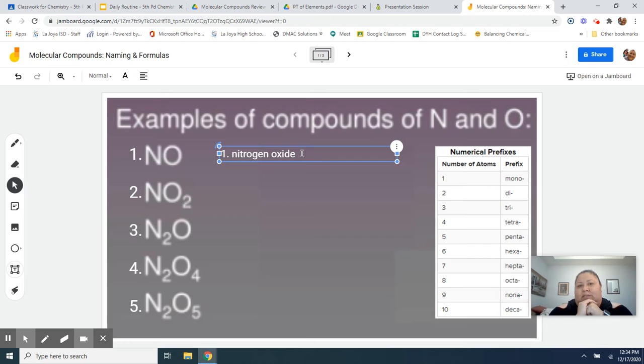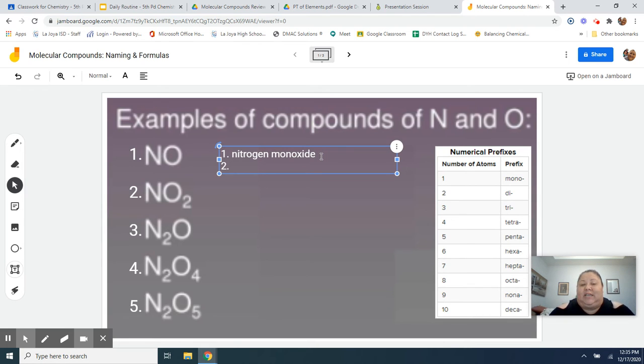The rule said I can't use it for first, but there was no rule that said I can't use it for the second. So yes, technically, I can use mono for the second element. So the name of this compound would end up being nitrogen monoxide.